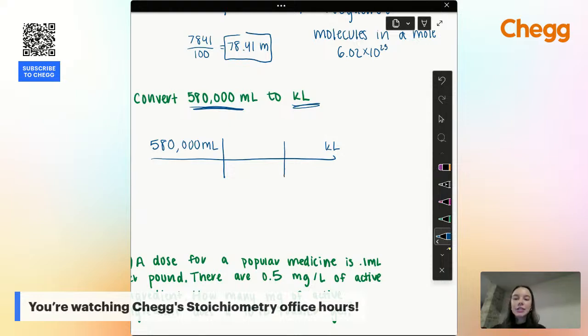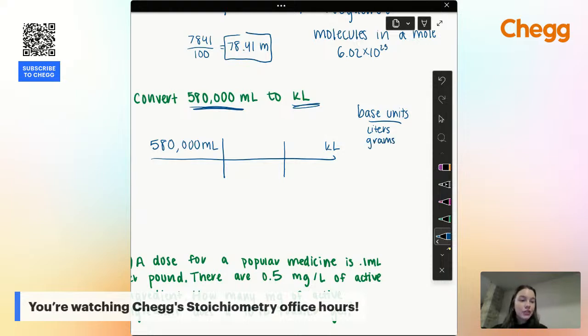And I'm going to need 2 steps to convert. If you know the milliliter to kiloliter conversion factor, that's great. I find it very difficult, so I always find a middle ground. And these middle grounds are base units. Base unit examples are, so you all can write these down, liters and grams.